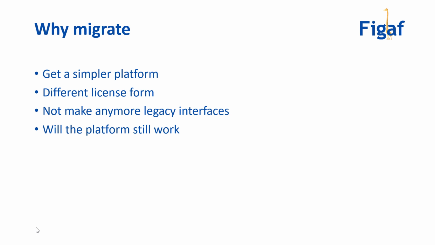Obviously it all depends on what kind of platform you're on and what's going on there. You want a simpler platform, and that makes it easier. Going from a dual stack PI to a simple stack PI is a simpler platform.